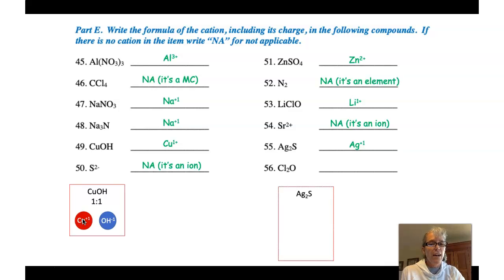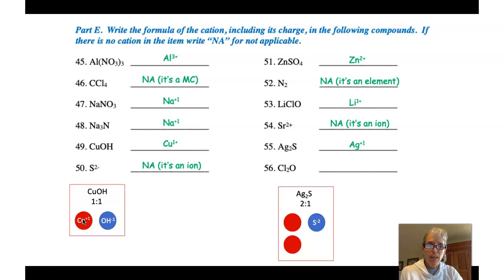But let's say you forgot that and you're trying to figure it out. Well, we can figure it out from the information here. We can see that it's in a 2-to-1 ratio. So I'm going to do 2 red circles for the silver ions and 1 circle for the sulfur. And with the sulfur, we know that the sulfur has got to be a -2 because that's where it's located on the periodic table.